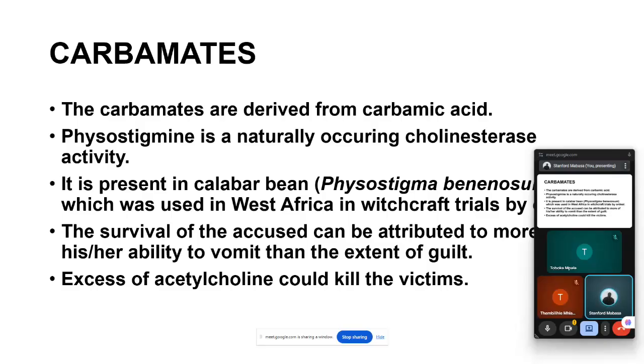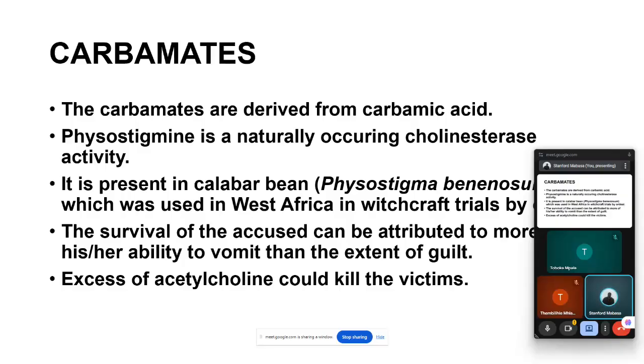If the person dies, they will say he's the one who has caused the witchcraft or something like that. But what really happens is that there could be excessive acetylcholine within the nerves, which actually kills the victim. And of course, people may respond differently. Some people will vomit, right? If somebody vomits, maybe the person is not guilty or something like that. I hope you understand what I'm trying to say.